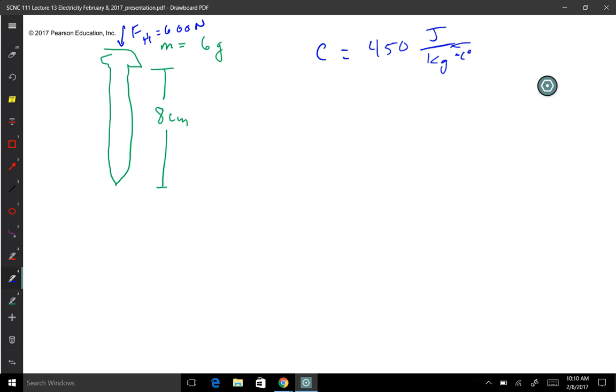Okay, so thinking about this being a physics problem, physics is about thinking about these things and figuring out what's going on. You hit the nail with the hammer, and the nail moves. You put a force on the nail, it moved. What do we call it if you put a force on something and it moves? You did work to it. So the hammer's going to do work to the nail, so energy goes into that nail. Where does the energy end up?